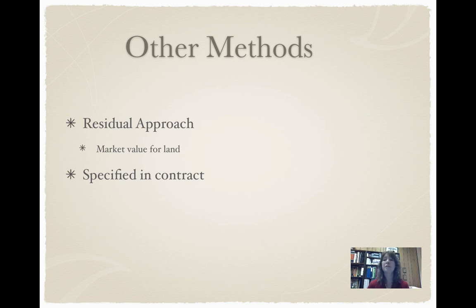There are some other methods that can be used to allocate basis at this point in time. You can use a residual approach, and basically what you're going to do is take the market value for the land, subtract it from the total you paid for the property, and whatever's left would go in the timber. This could substantially undercut the value of the timber, and since you will be cutting the timber asset before you actually sell the land, you would like to put as much as possible on the timber.